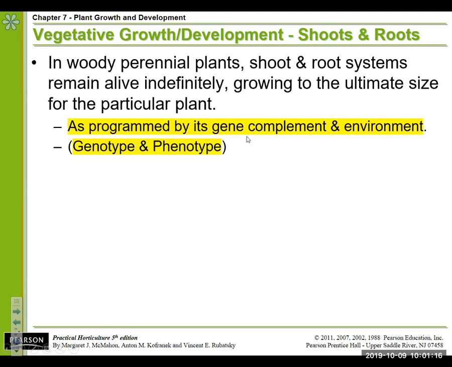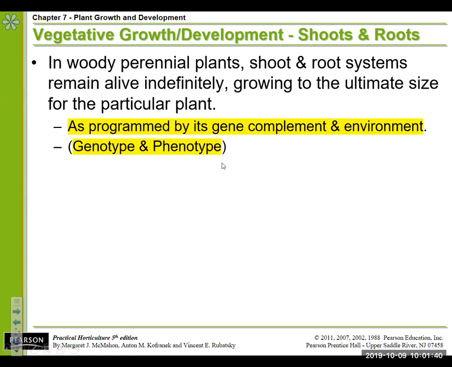A good example of that would be a plant that grows really well in moist conditions, but in dry conditions, it can't grow to that ultimate size. So we think of its mature size as being this, but in less than optimal conditions, the phenotype doesn't reach that. The phenotype is what we actually see.